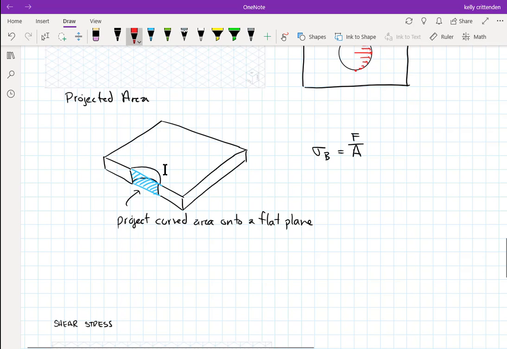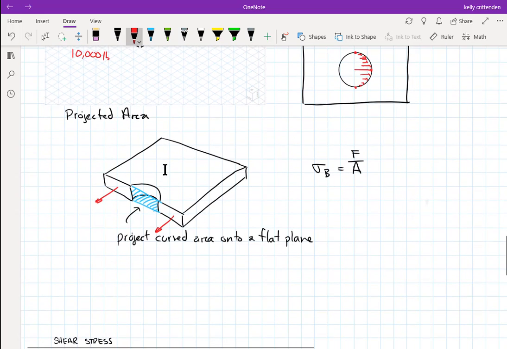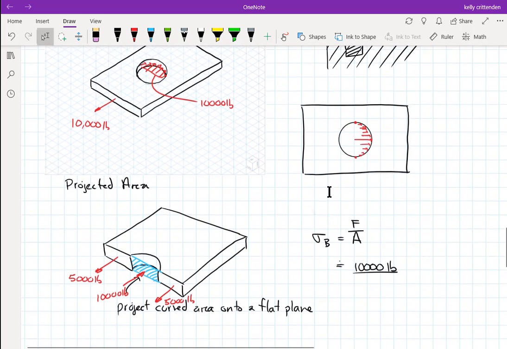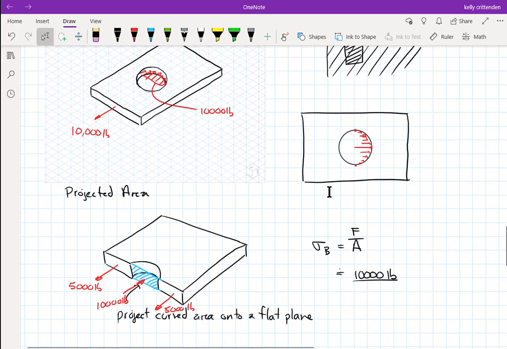Since I drew this free body diagram, I would have these forces. I put 10,000 pounds total, so I would assume that they get divided equally: 5,000 pounds there, 5,000 pounds there, and then on this projected area would be the whole 10,000 pounds. And so I would have the force of 10,000 pounds. And the area, I don't think I gave this thing any dimensions. It's a 1/2 inch thick, so that's that dimension.